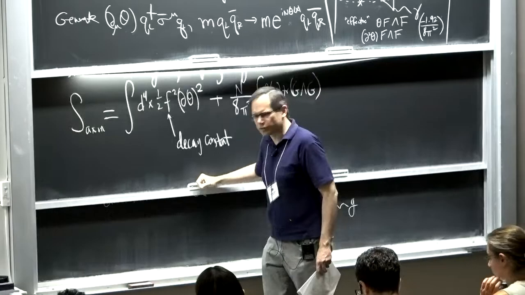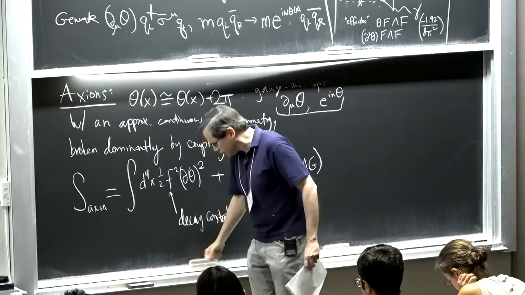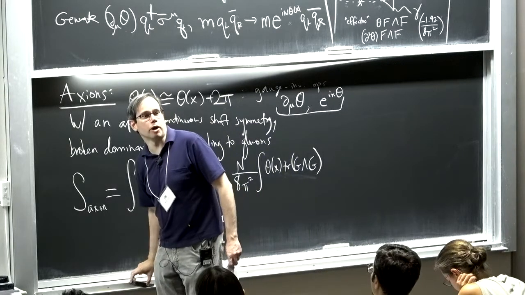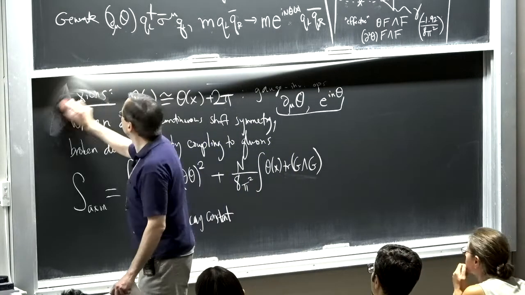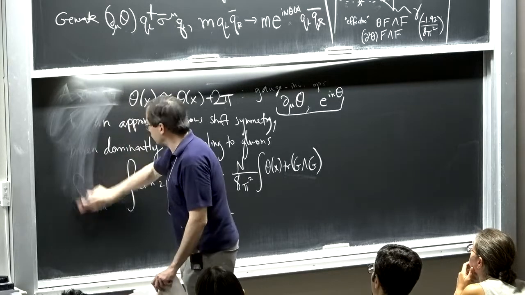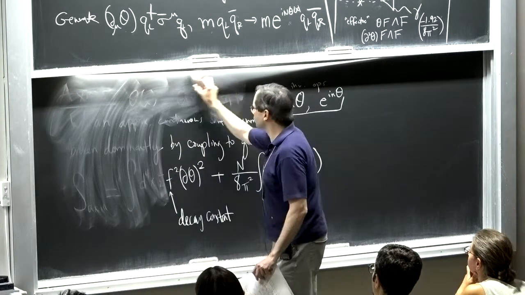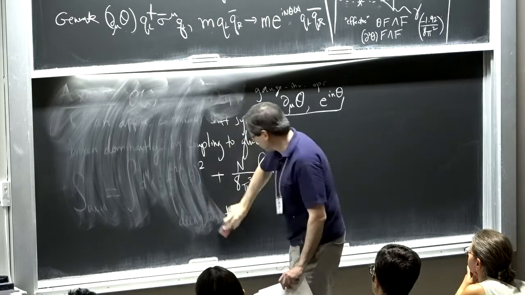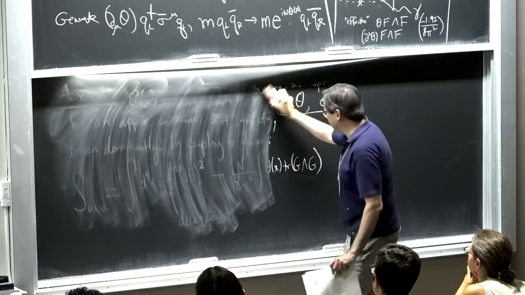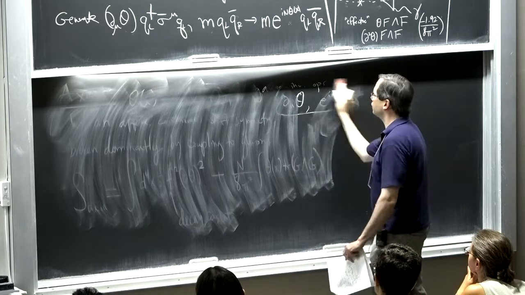Then later, in the early 2000s, there was a big wave of phenomenological particle theory model building using extra dimensions, and this idea was rediscovered, or at least repurposed. So there are a lot of different versions of this idea.